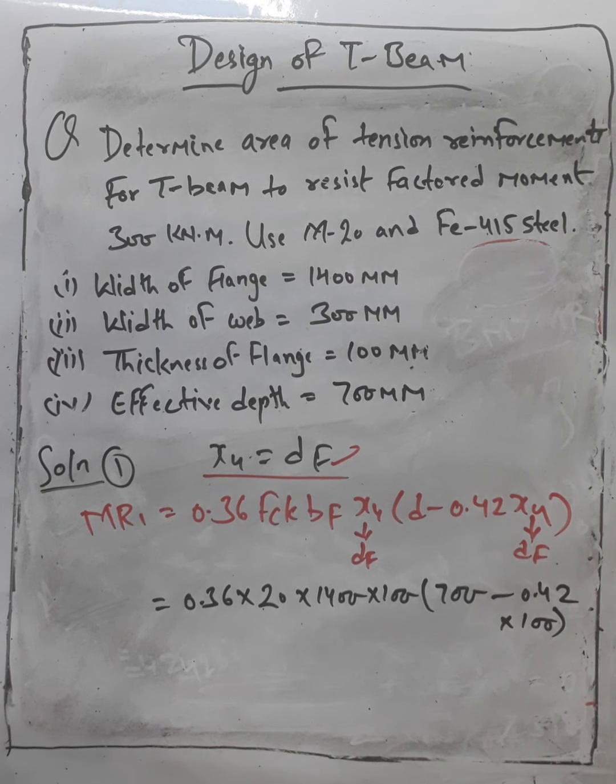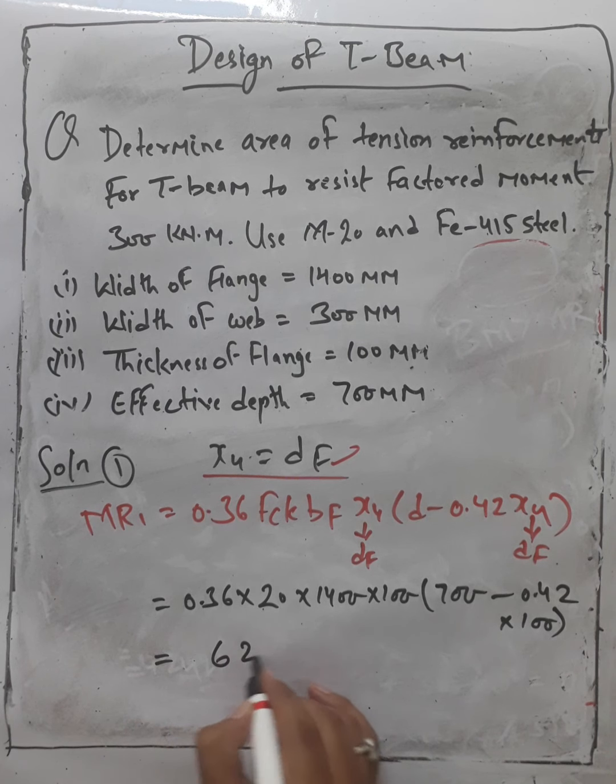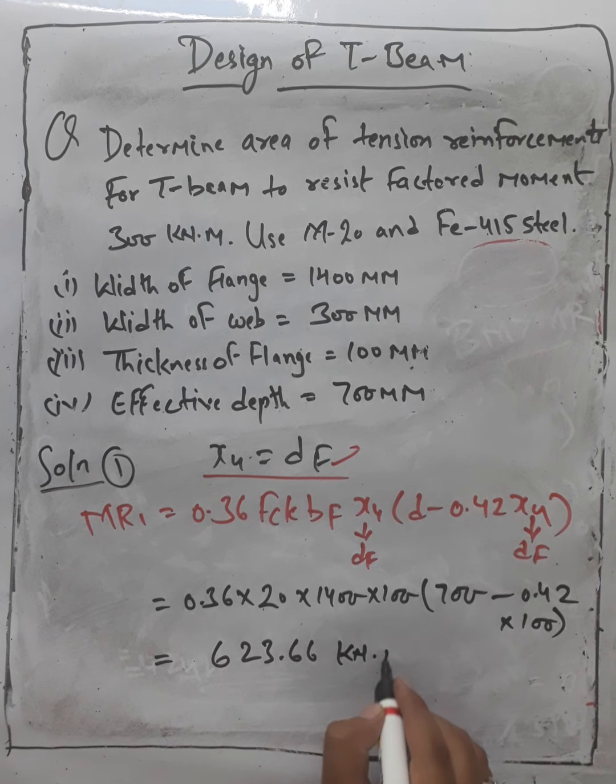So 0.42 into 100, 700 minus answer into 100 into 1400 into 20 into 0.36 divided by 10 raised to the power 6, because we want our answer in kilonewton meter. So here we get 623.66 kilonewton meter. Here we get this value MR.